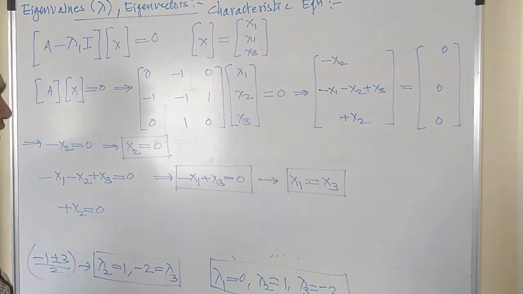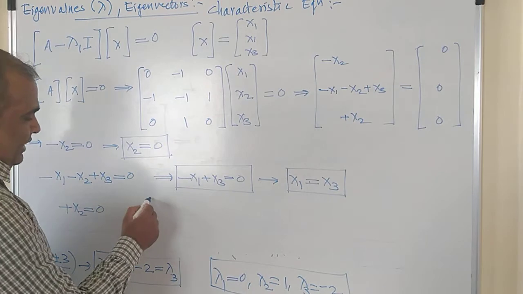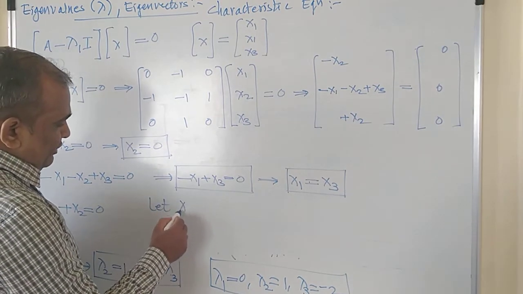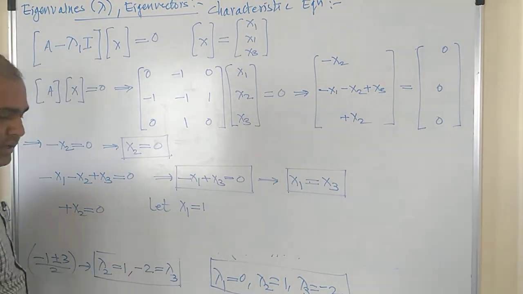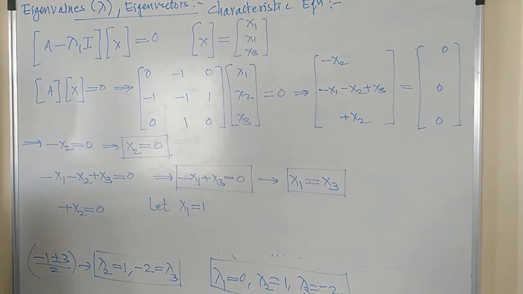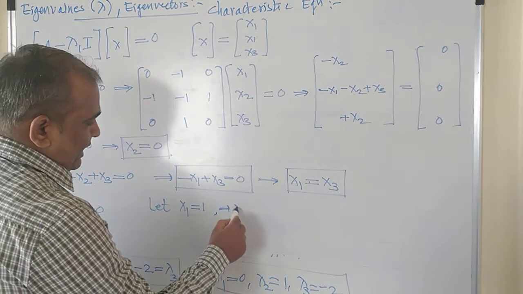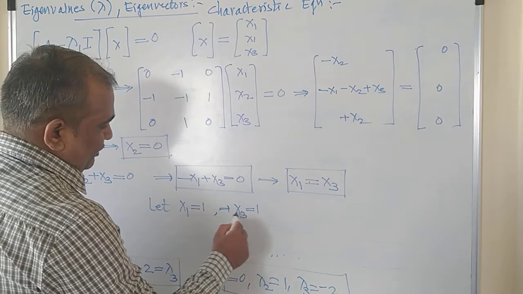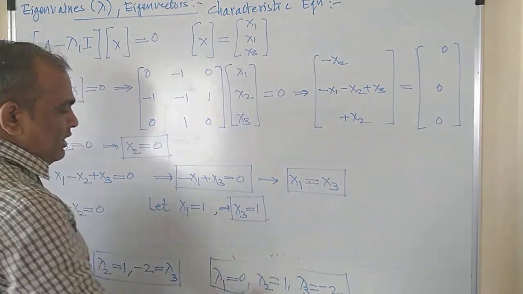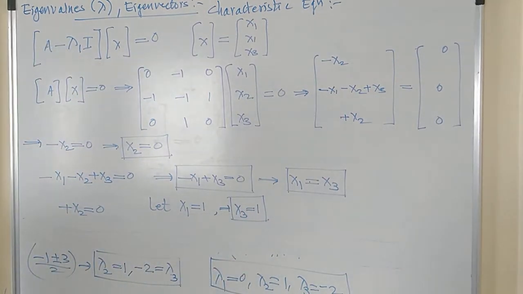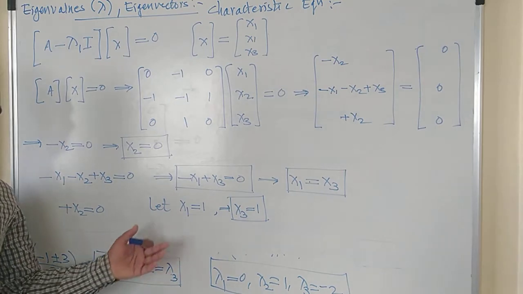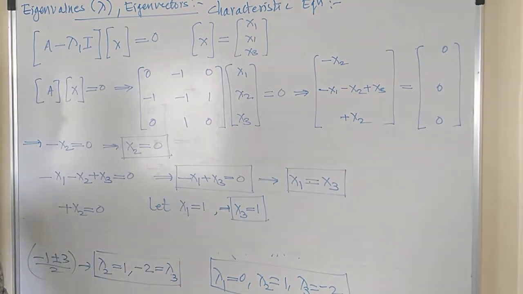But what are the values of x1 and x3? Let us assume that x1 equals 1. If x1 equals 1, then of course x3 is also equal to 1. It is not necessary to assume x1 equals 1, you can assume x2, x3, any scalar, but ultimately you will get the same vectors.